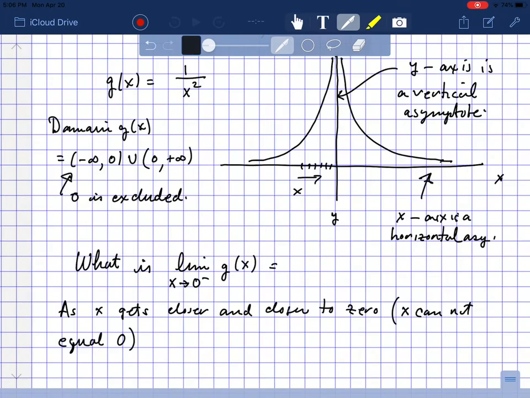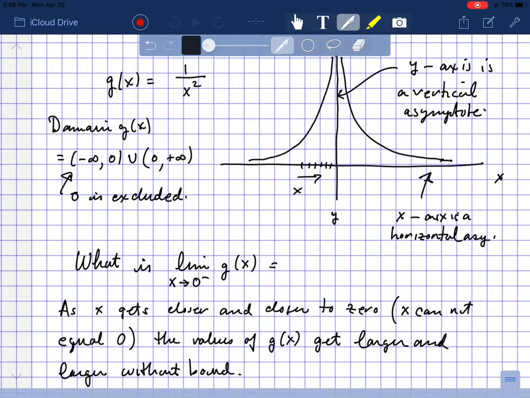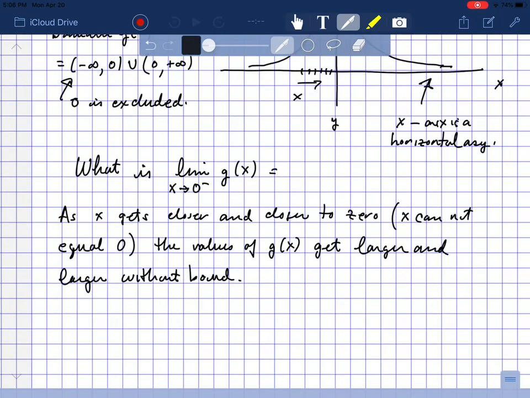As x gets closer and closer to 0, the values of g of x get larger and larger without bound. So what do I mean by that? I mean that if you give me some number m, I can find a value of x close enough to 0 such that 1 over x squared is bigger than m.